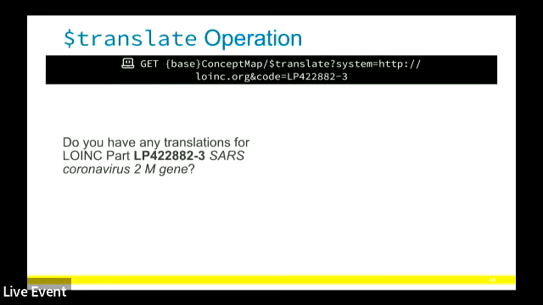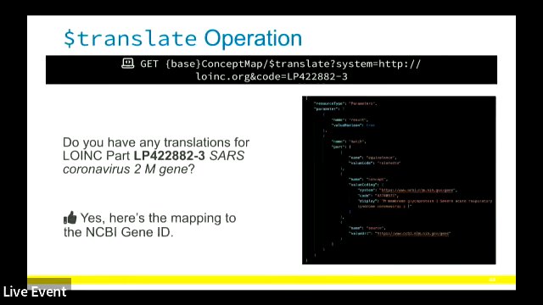Likewise, we can say, hey, do you have any translations for the LOINC part, which is the SARS-CoV-2 M gene? So certain laboratory tests might be targeting specifically the M gene of that. Do you have any translations for that element? And the server can say, yes, I do, based on the mapping that the registry publishes.